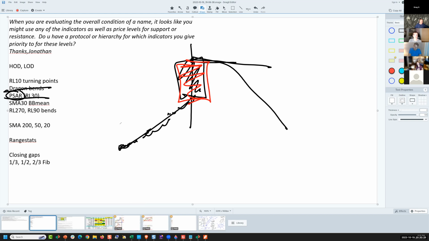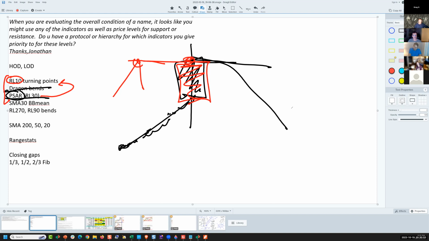It's so important that we designed the RL10 to be the price feeder for the PSAR. So when the PSAR flips, it mathematically is flipping at a point where the peak of the RL10 was. So it actually reinforces the idea that where the RL turns is hugely important.